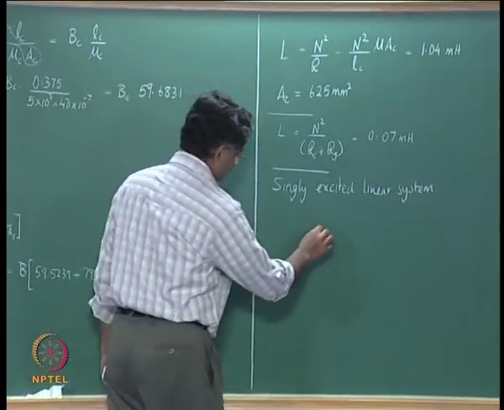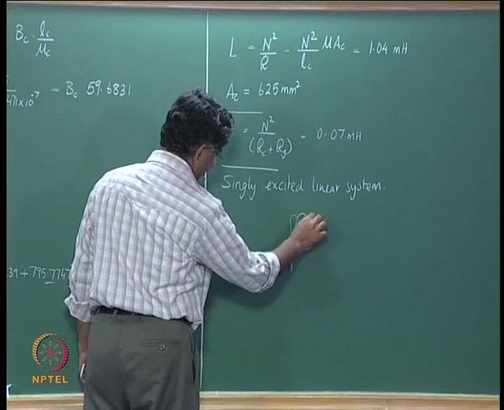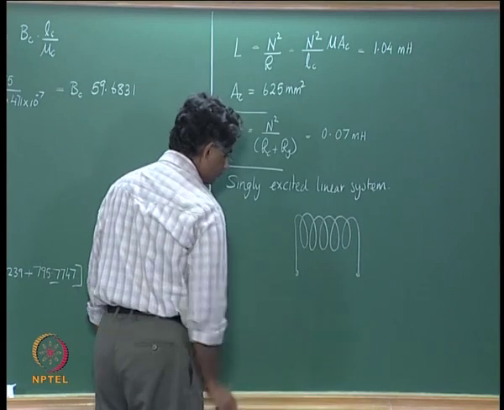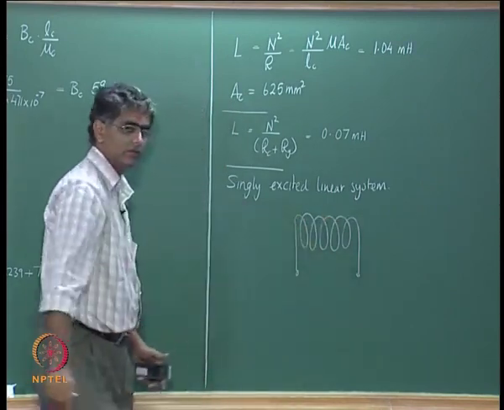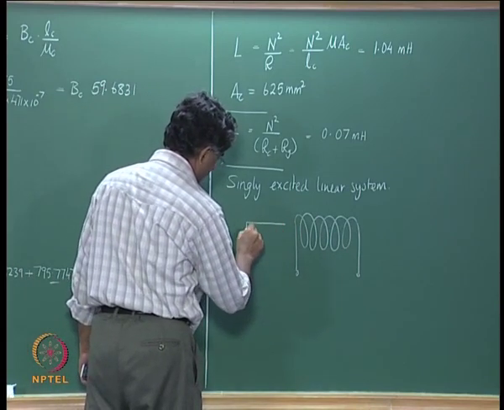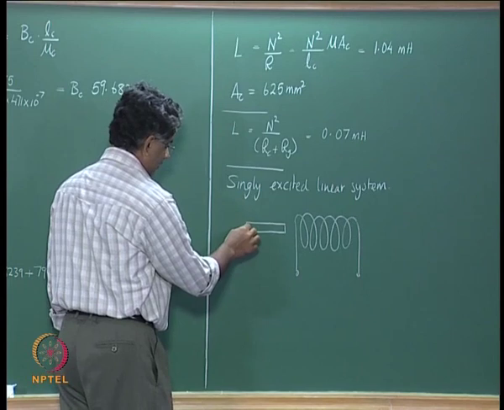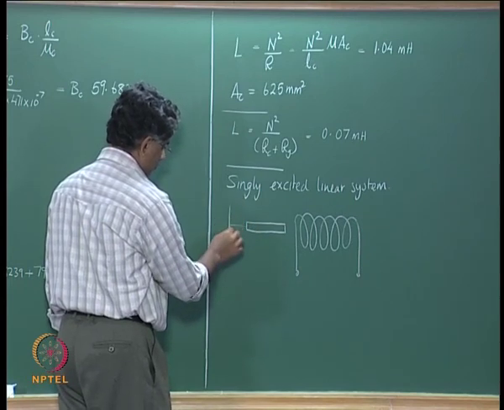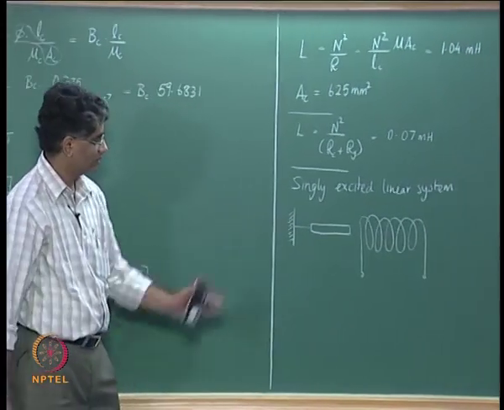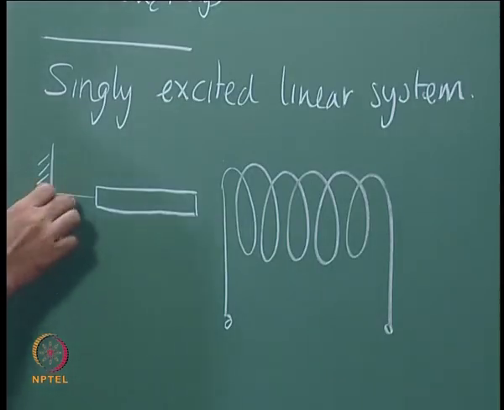Okay, let us describe the system. I have a coil wound around something, a hollow length that is wound, and within that hollow length I have an iron bar that can move inside this hollow, and this iron bar is fixed to a fixed wall through a spring.